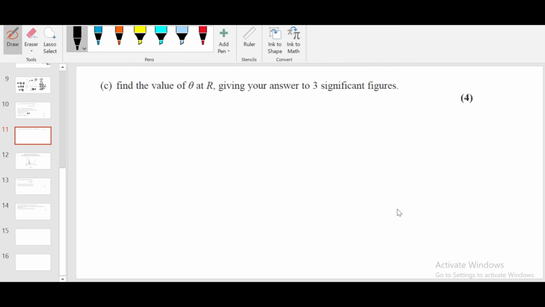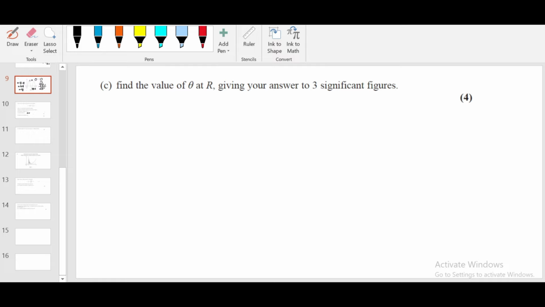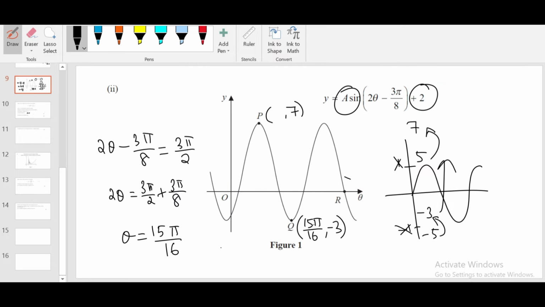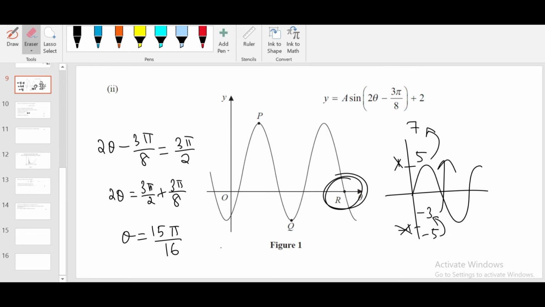Find the value of theta at R, giving your answer to 3 significant figures. Part C says we need to find the coordinates of the point R. If you look at the figure, they're talking about this point. That's basically the 4th point actually.